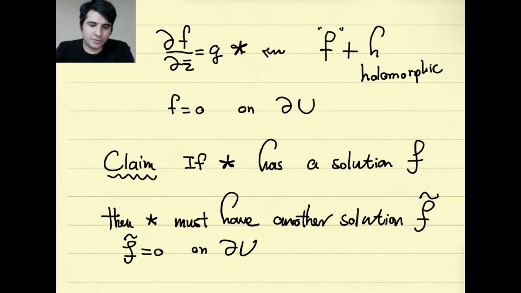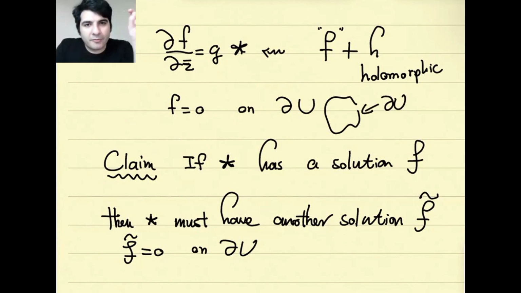So if f has some values on the boundary of U, I can always pick a holomorphic function h whose value on the boundary is exactly equal to minus the value of f on the boundary. And this I leave to you.